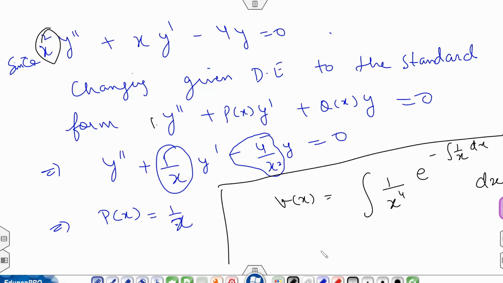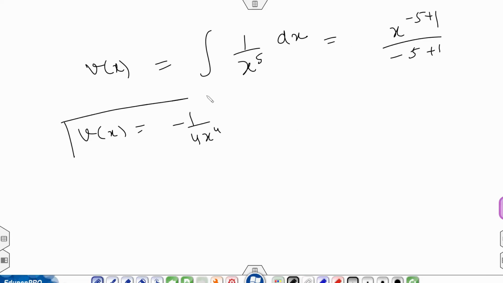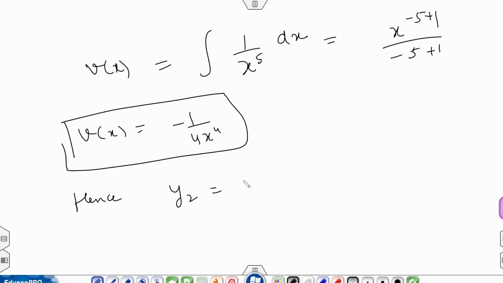You can easily see that this will be minus ln x, and if I find out, this is my v of x, and this is equal to x to the power minus something. So we got v x as this. So now hence our y2 will be v x into y1.